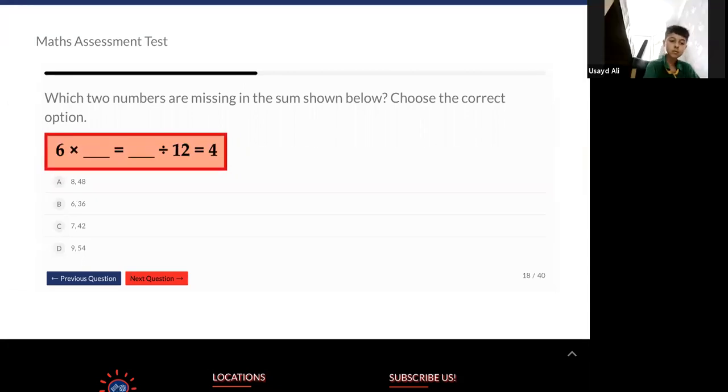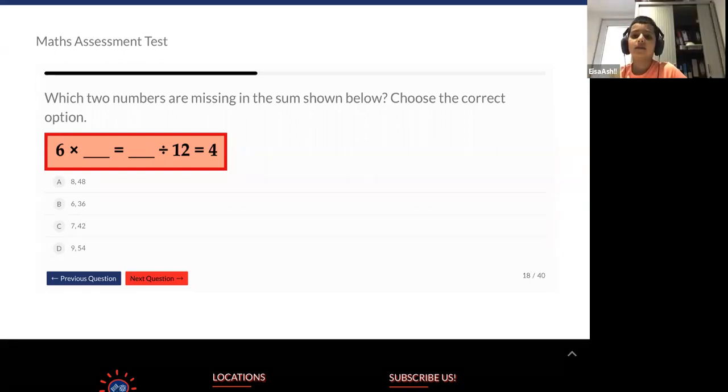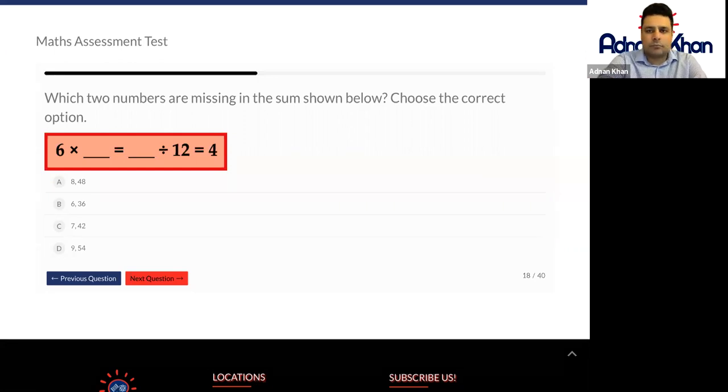Let's go for this next one now that we can see in front of our screens. So 6 times what number? How do we work this one out? Let's go to Isa Ashraf again. Hello, Isa. So would it say 6 times something would equal something divided by 12 to equal 4?